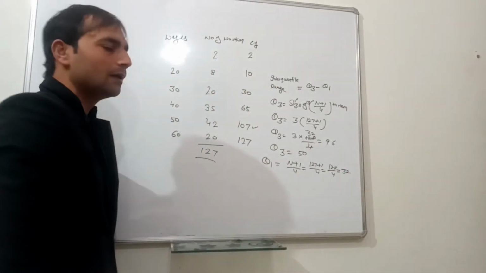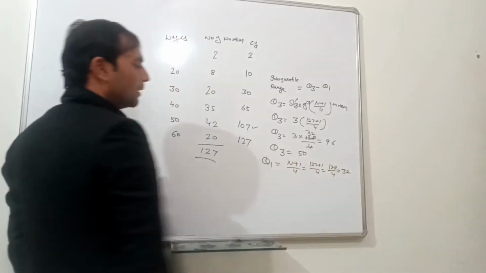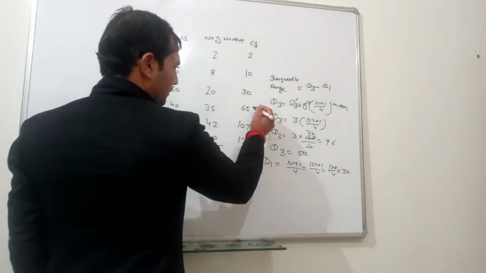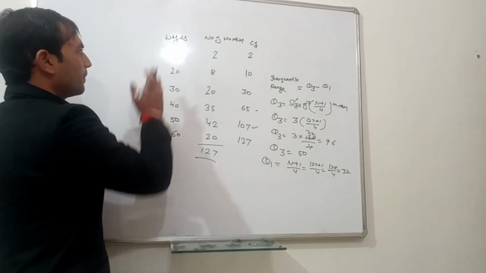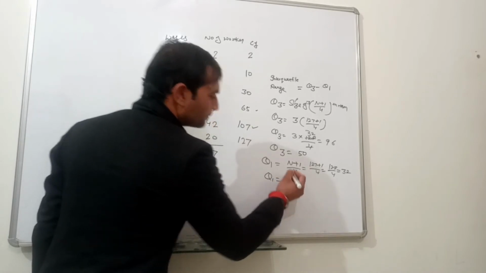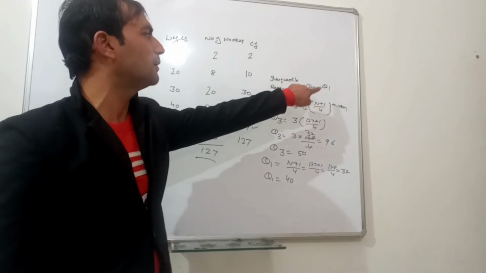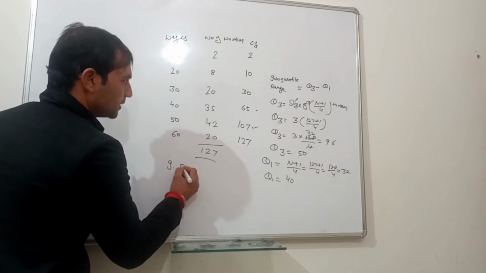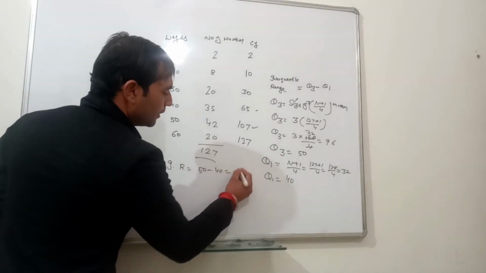The size of quartile 1 is equal to 32. After that we check the size of quartile 1 in the cumulative frequency. The value is 65 and this corresponds to wages 40. Then quartile 1 is equal to 40. Now we apply the formula quartile 3 minus quartile 1. Then interquartile range is equal to 50 minus 40 is equal to 10.